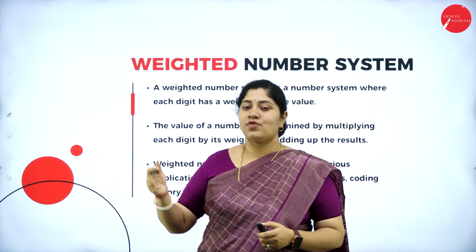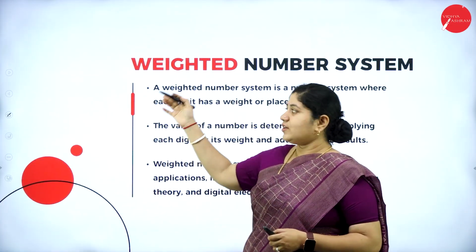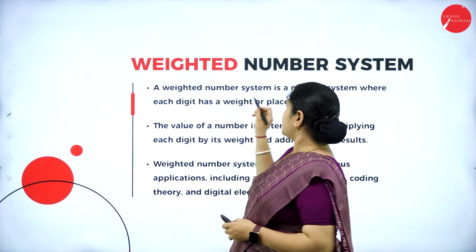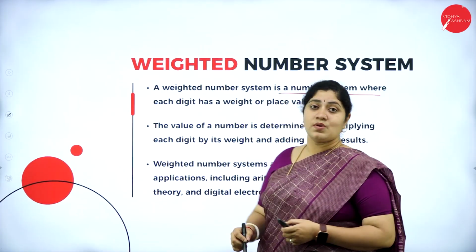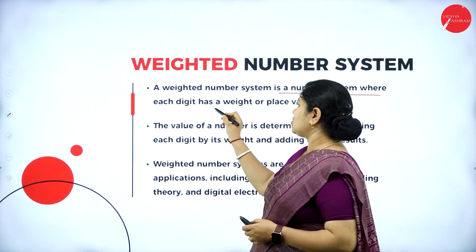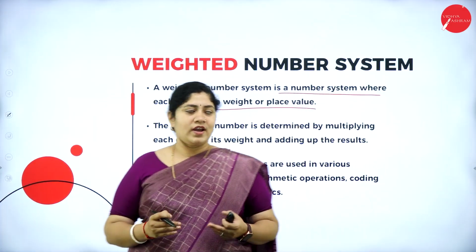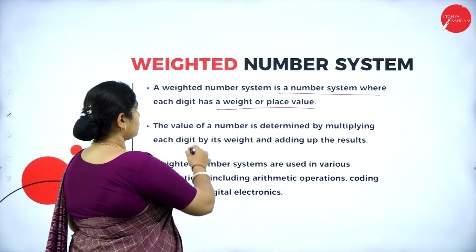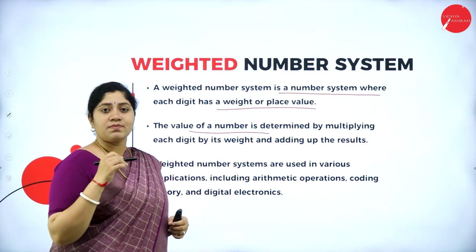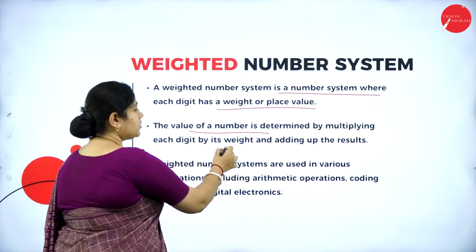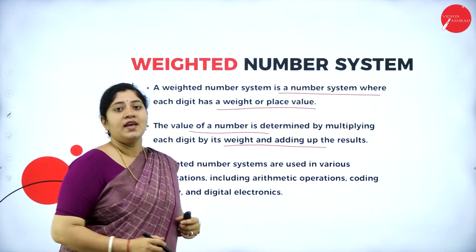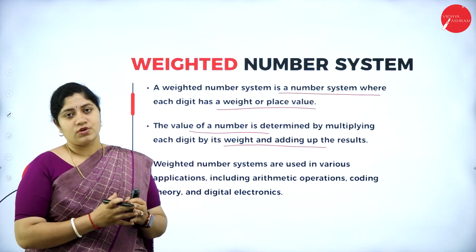Now let's start with understanding what is weighted number system. Weighted number system is a number system where each digit will have a weight or a place value. We can also say the value of a number is determined by multiplying each digit by its weight and adding up the results altogether.